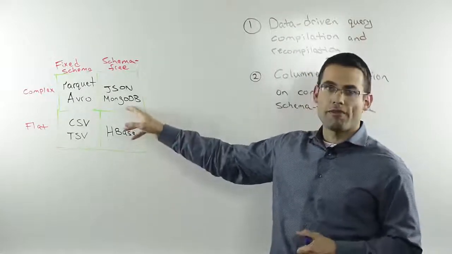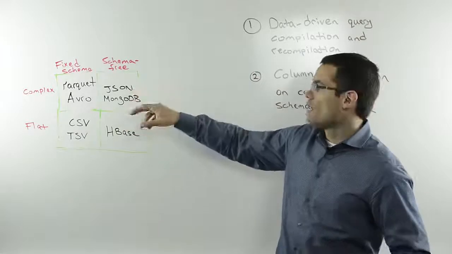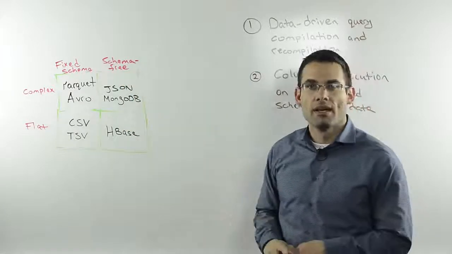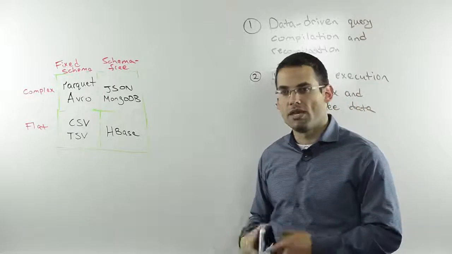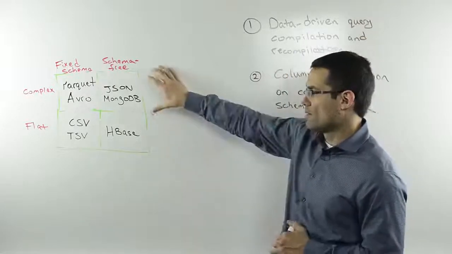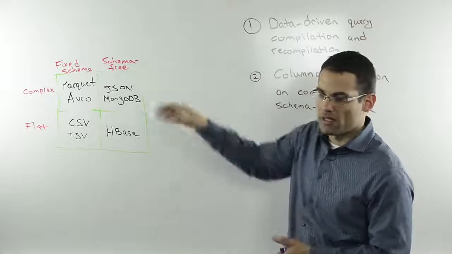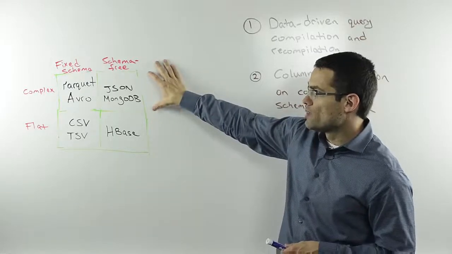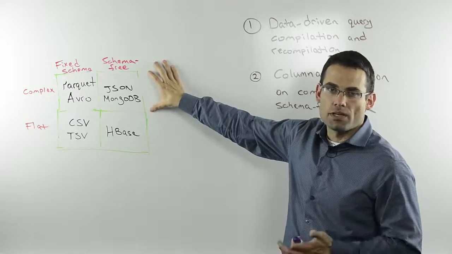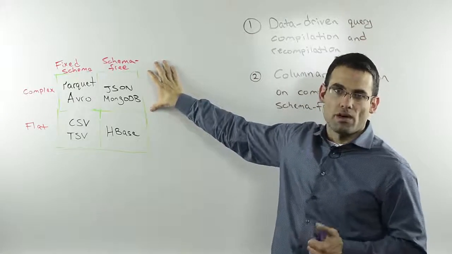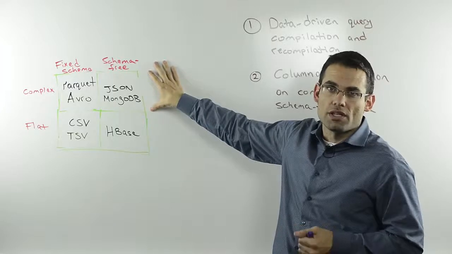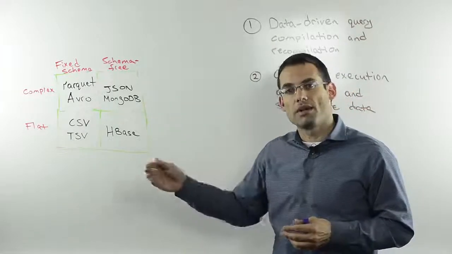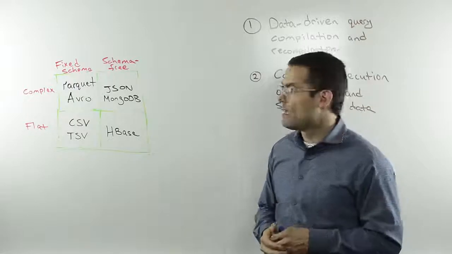And then on the top right, we have JSON and MongoDB, which, as you know, have become very popular formats today because they are very flexible and easy to use. Today, every online API and a lot of systems use JSON. JSON is both schema-free and supports complex structures. A single record, or what's called a JSON document, can have nested elements, basically a hierarchy, and it can also have arrays.